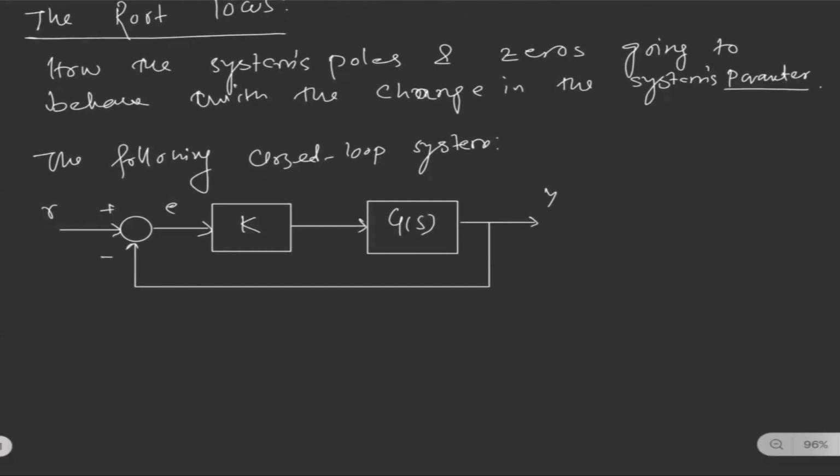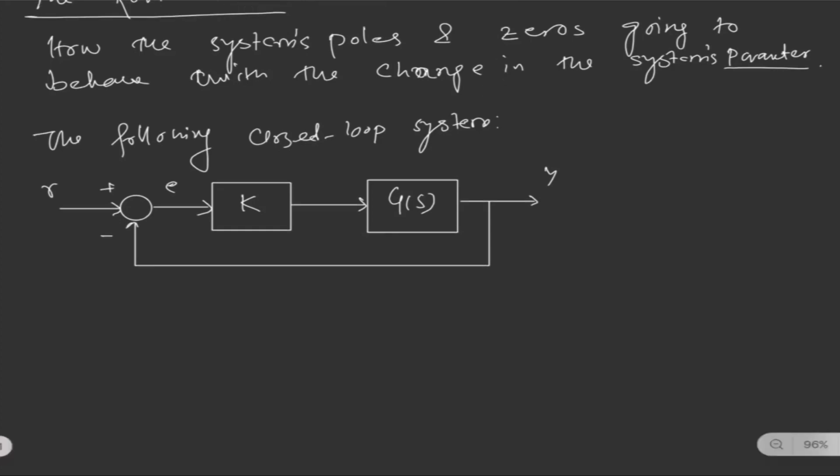Another important concept in this technique is that we can take the open loop system and check the stability of the closed loop system. That is another important takeaway from this concept. We will be discussing it very soon.